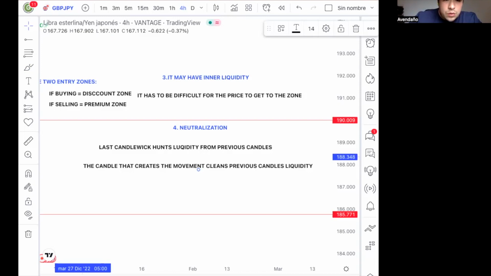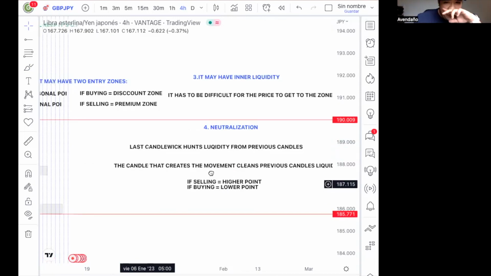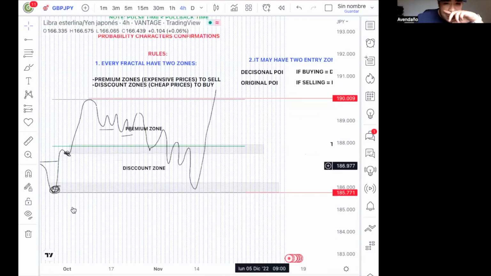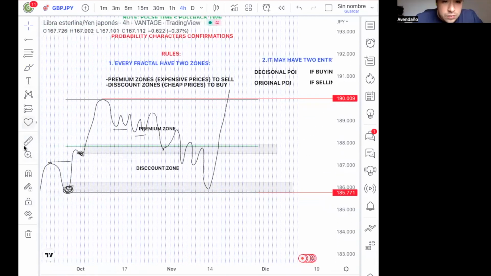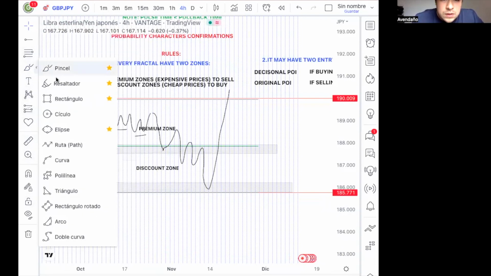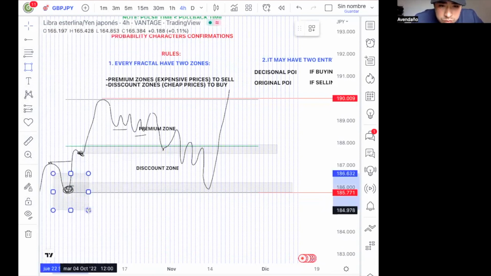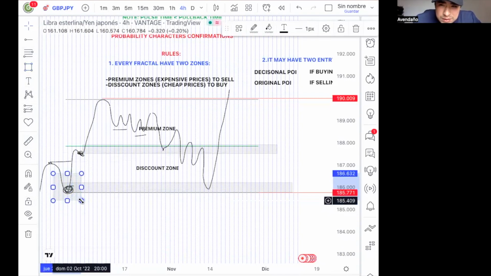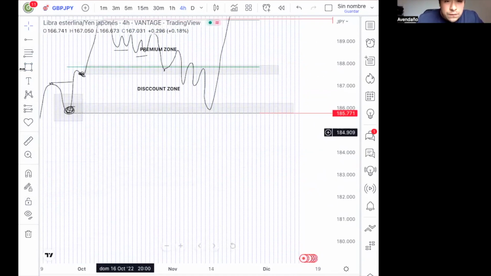If we are selling, we are looking for it in the higher point. We will be looking for that neutralization right here in the deepest candle, something like that.